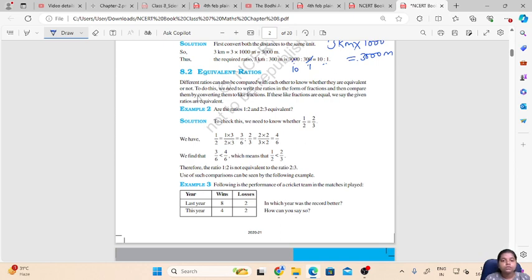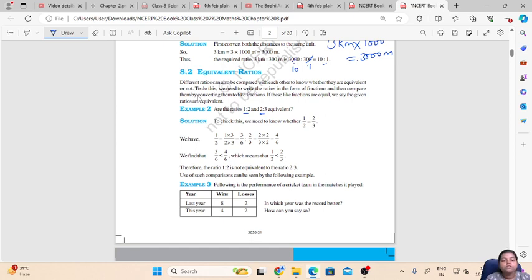Then we will come to know whether they are equal or not. So let's start with the example. Here they have given two ratios, 1 is to 2 and 2 is to 3. If they are both equivalent, first we convert them into fractions, that is 1 by 2 is equal to 2 by 3.